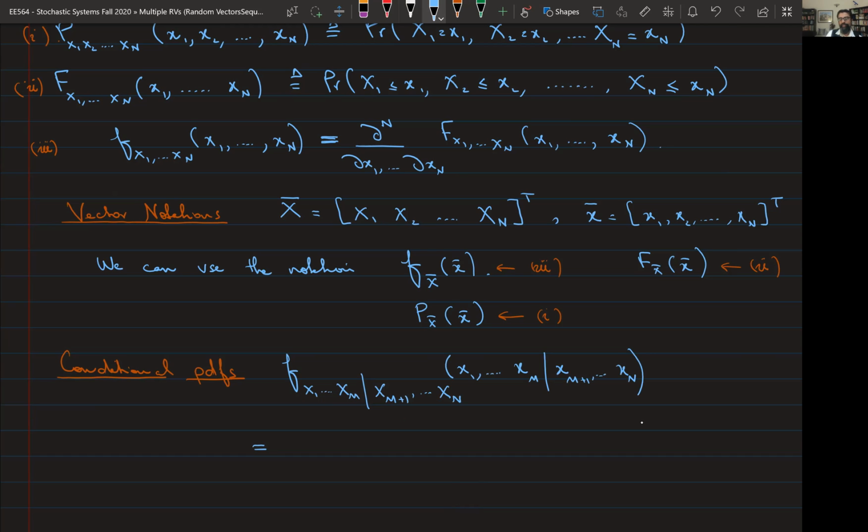What would this be equal to? This will be equal to the joint PDF of everything put together, x1 to x capital N, divided by what? Right, so who's going to answer this?